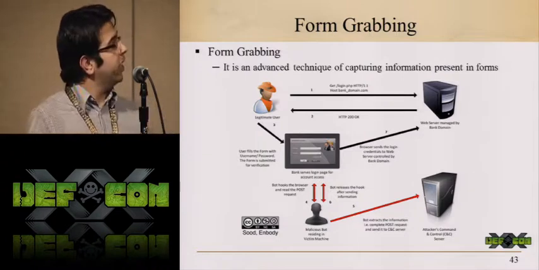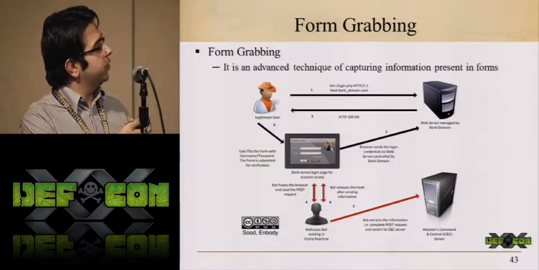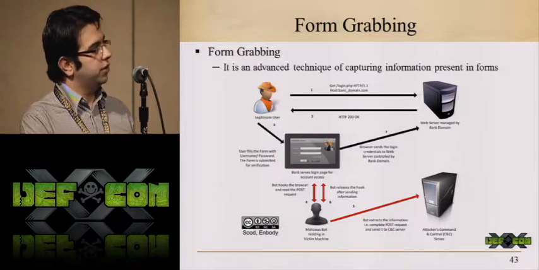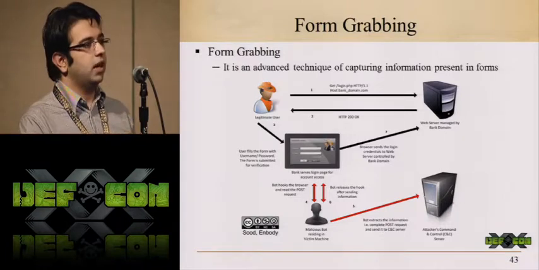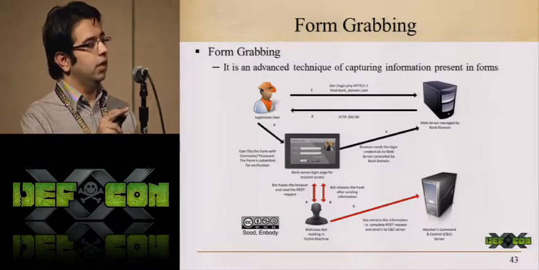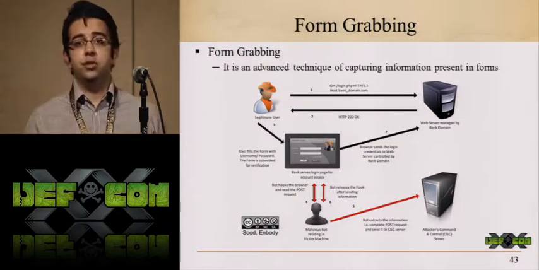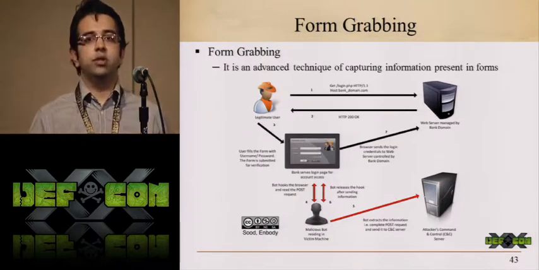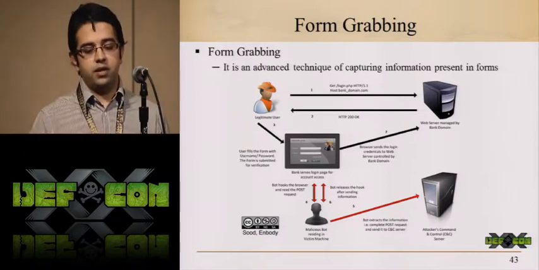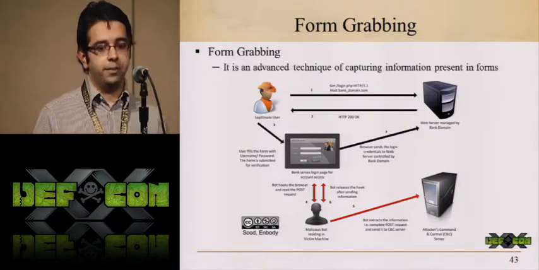In form grabbing, whenever you submit anything, like your credentials, social security number, account number, or credit card numbers, and you try to submit the information back to the server, the bot hooks that information. That's why the technique is known as form grabbing.